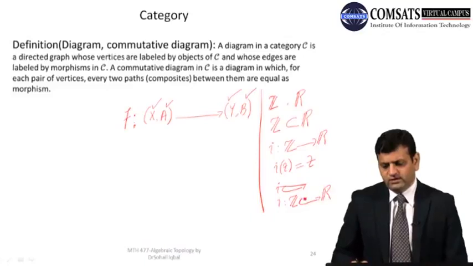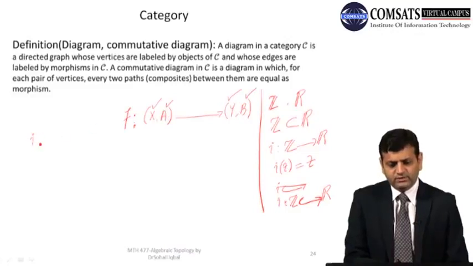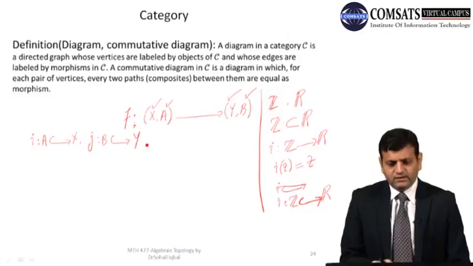This curly arrow means that Z is contained in R, so this is the inclusion map from Z to R. So A is contained in X, so there is an inclusion map from A to X. Similarly, there is an inclusion map from B to Y because B is a subspace of Y. So the following condition is satisfied.